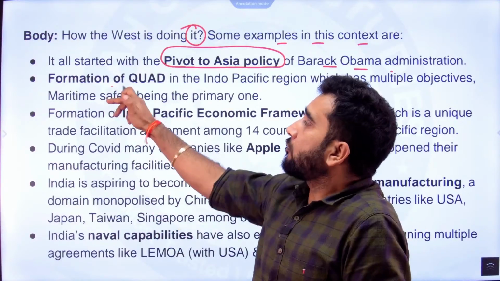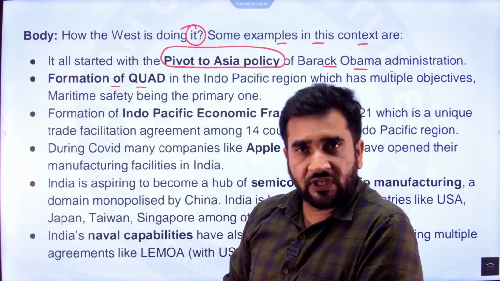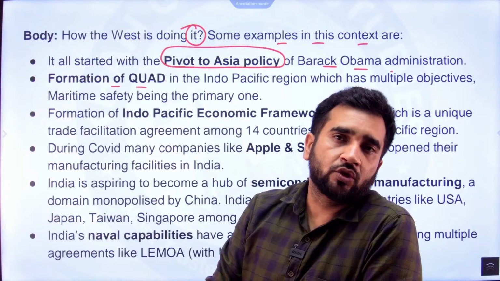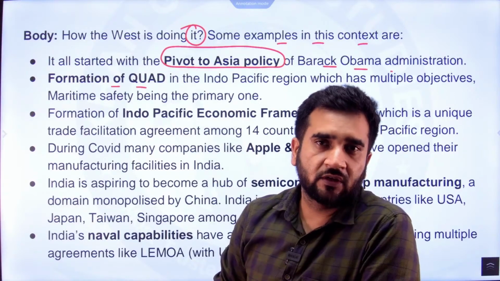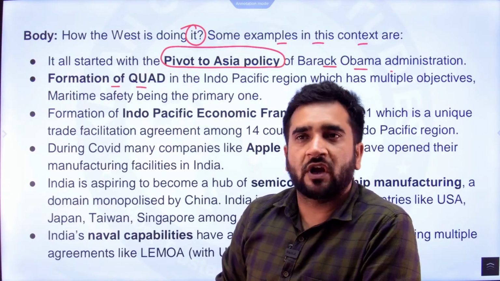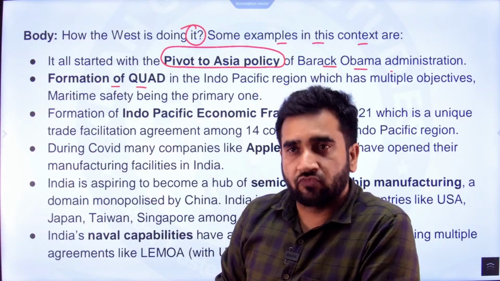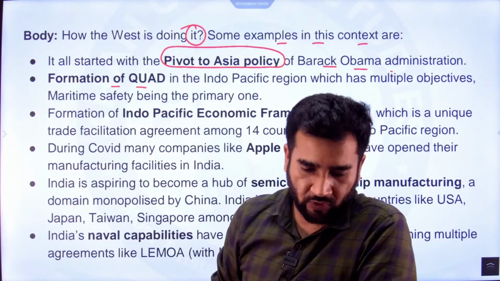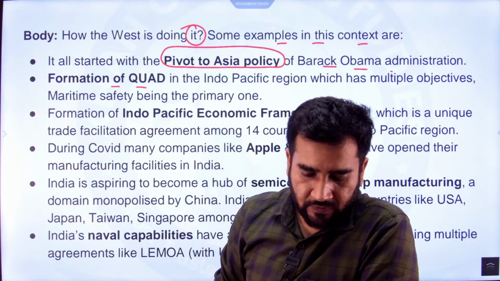Second, formation of Quad. Quad comprises four countries: India, Japan, Australia, and USA. All these four countries are in the Indo-Pacific region, and China is becoming too active in the Indo-Pacific region. The South China Sea issue is obviously there.